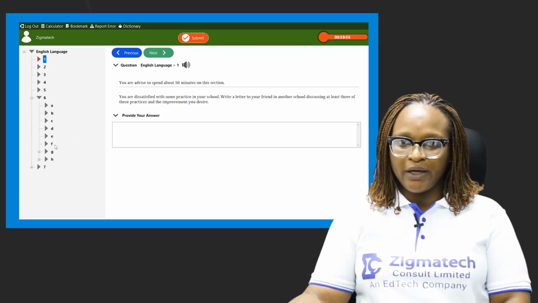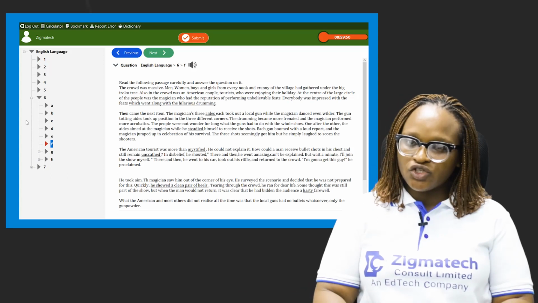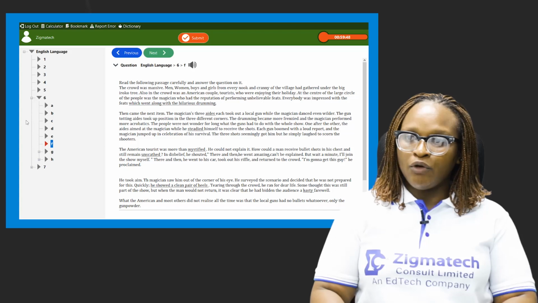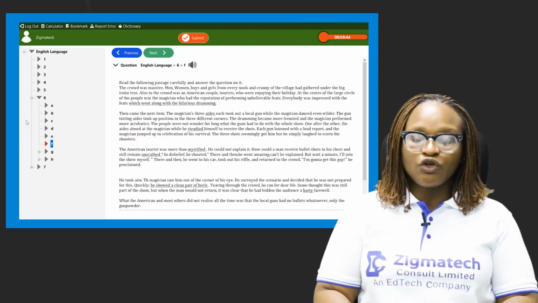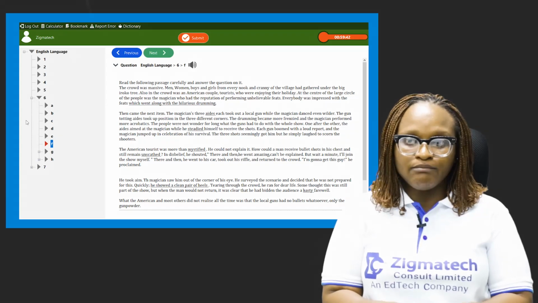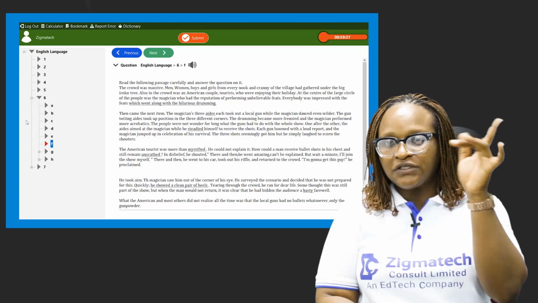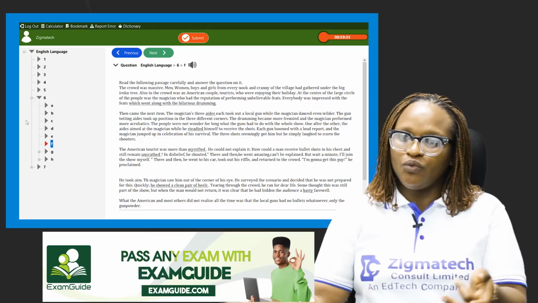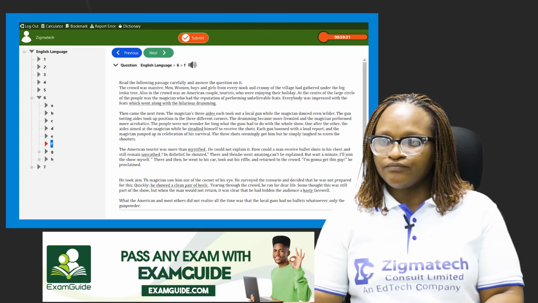It's not anywhere else, but in the comprehension passage. So once you get there, you should be able to go to the passage. The question is already there, but you need to go back to the passage to identify your function. It's not what you do by guesswork. So once you see the question, you refer yourself back to the passage where the whole sentence is written.